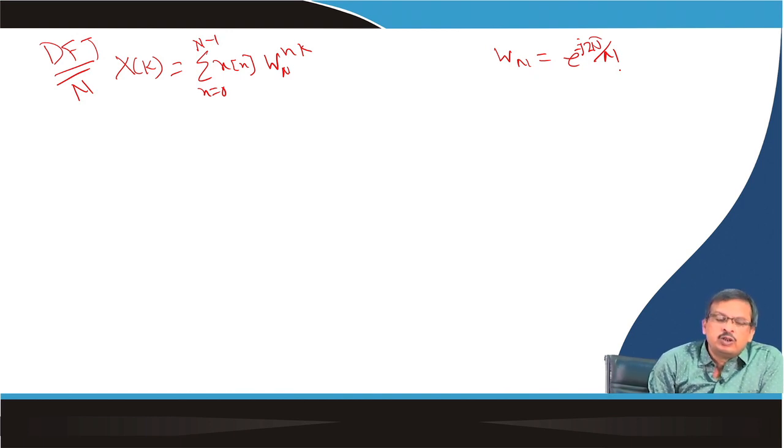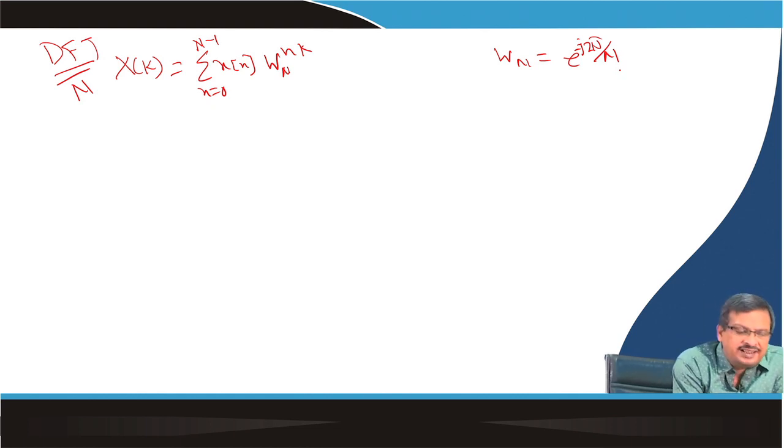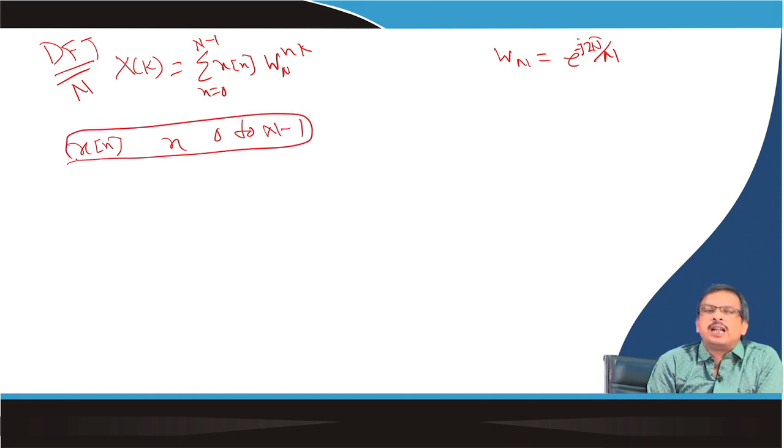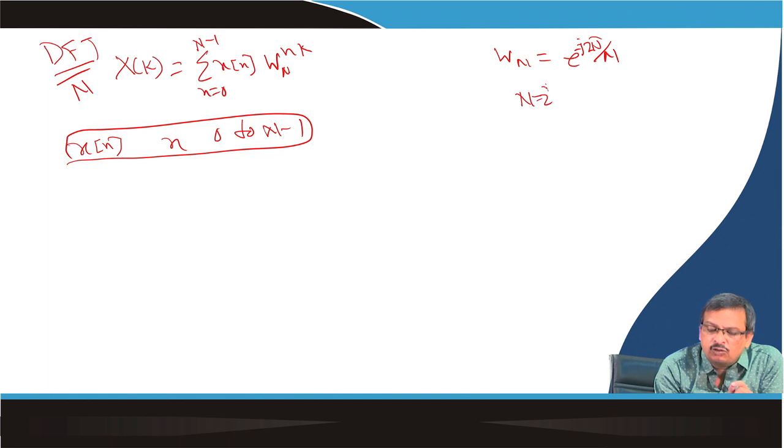What I said is that I want to divide the sequence into two sequences. So x of n has a length of N, and n varies from 0 to N minus 1. Capital N is in the form of 2 to the power v, where v is an integer, so N is divisible by 2.